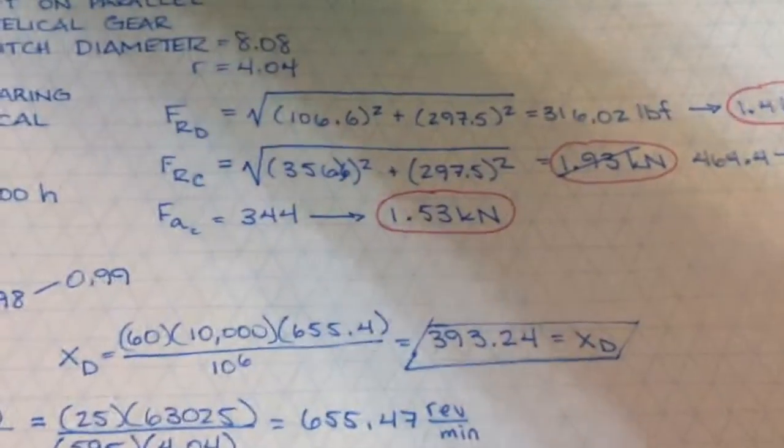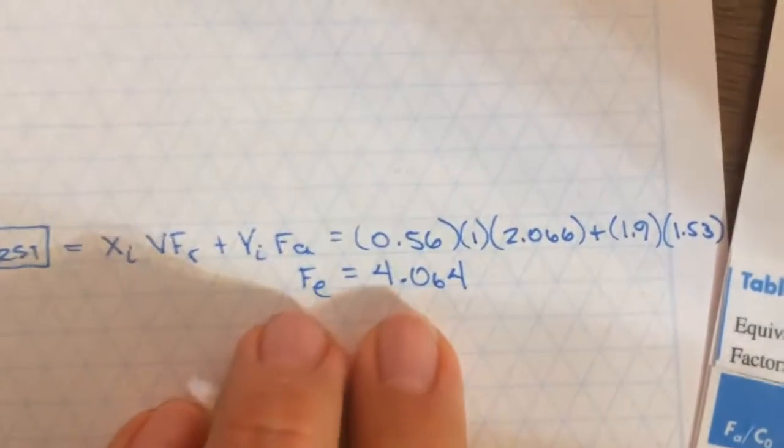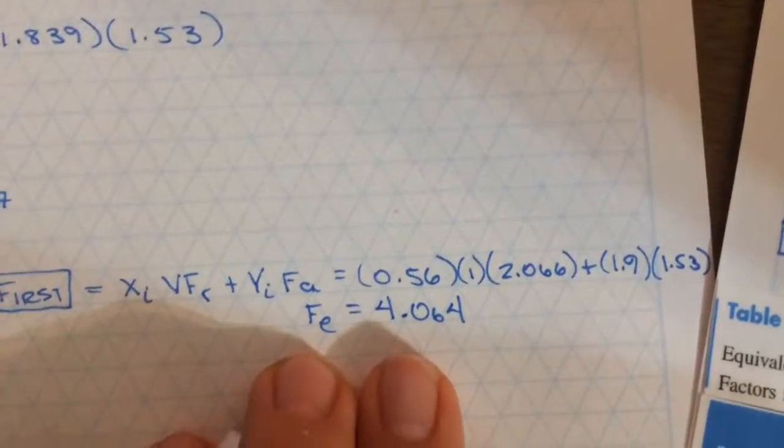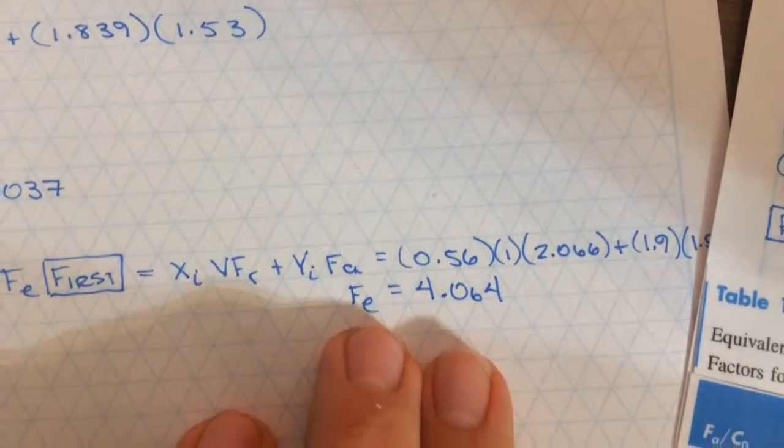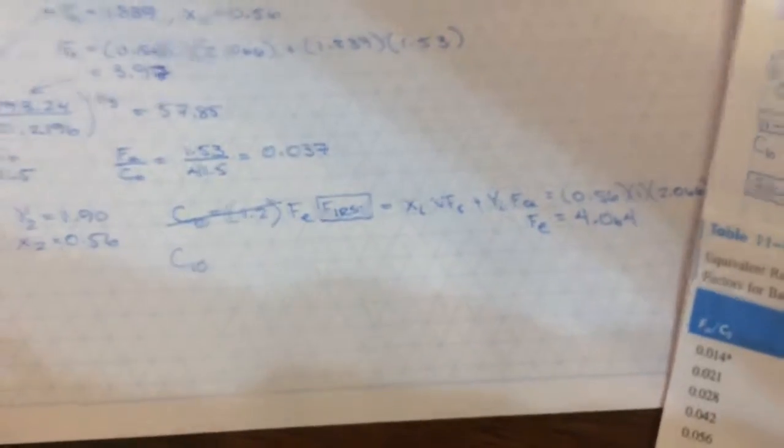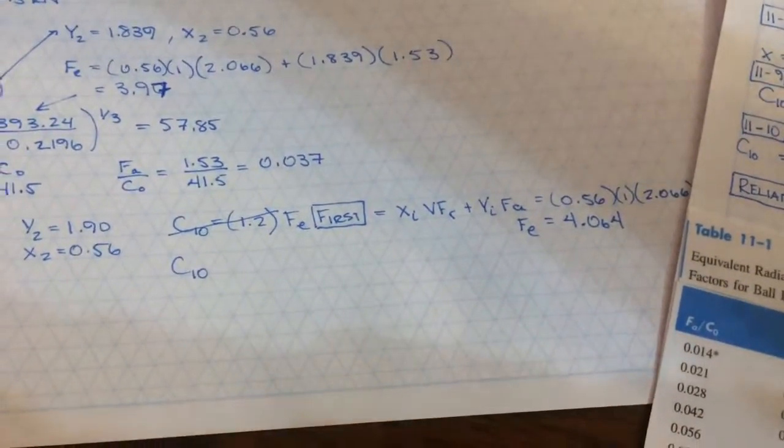Oh, that makes it so much easier. There's the FA, 1.53, and then the FE is 4.064. And that's just from calculating that. All right, I got the FE again. And then it looks like I didn't do any more calculations here. I think I felt like I got the gist. And FE equals 4.064.